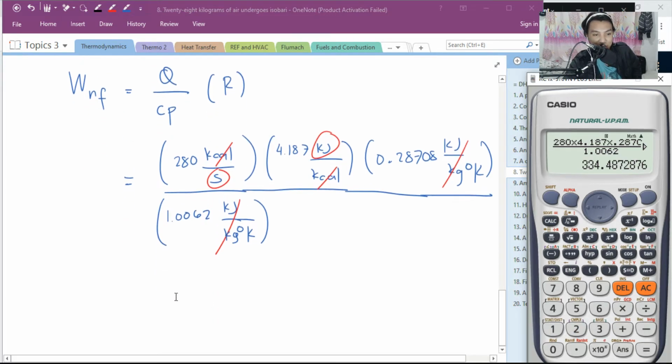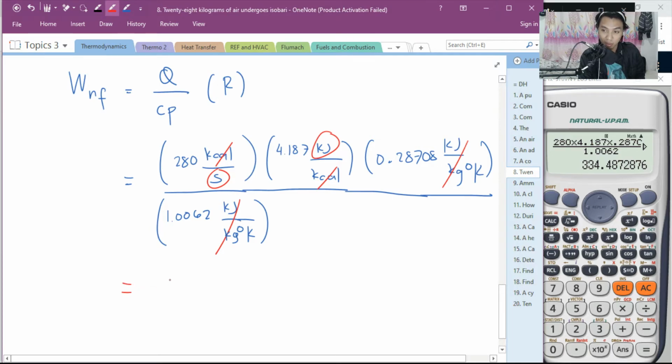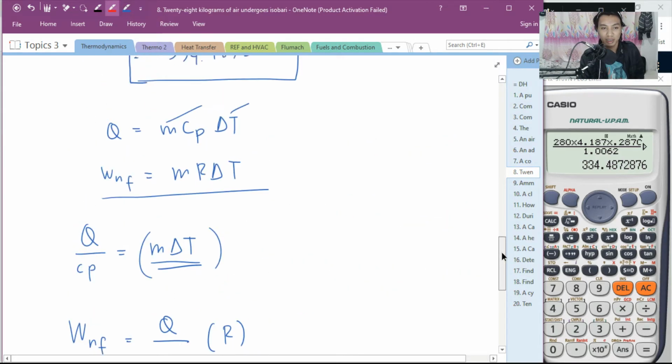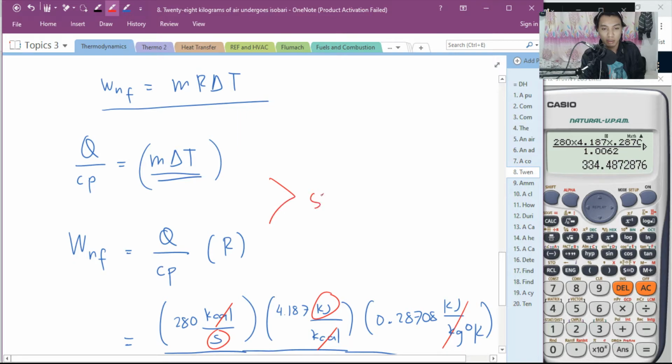The answer is the same. Yun yung shortcut. Madali. Di ba? Pag gagamitan mo lang ng algebra, makukuha mo yung shortcut niya. Algebra lang ang shortcut niyan.